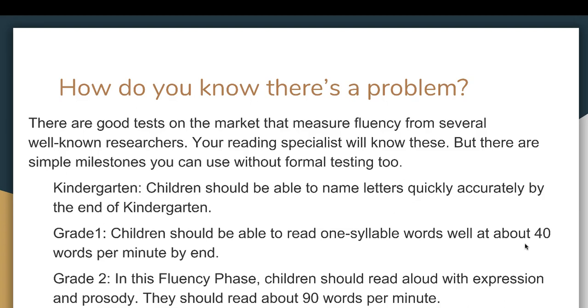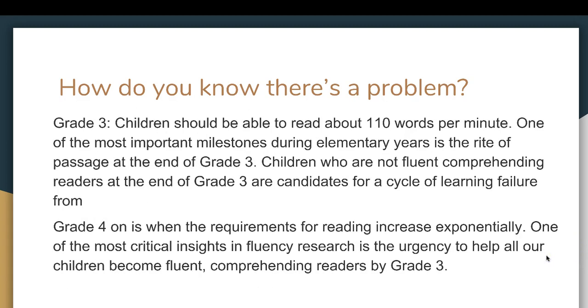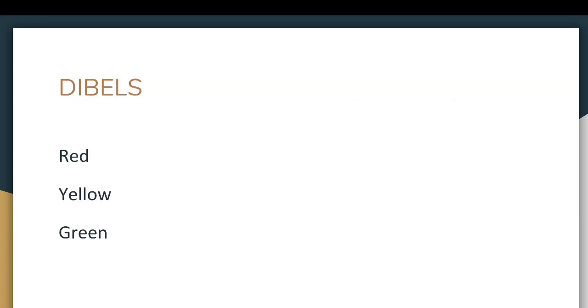But this is some milestones that Scholastic has set out, and I would have to have my DIBELS chart in front of me. I always have to look at it to see how close these are. But it tells you about how many words a minute. This is K through 2, and then 3 or 4, about how they should be doing. And if they're not doing, that's when you know there's a problem.